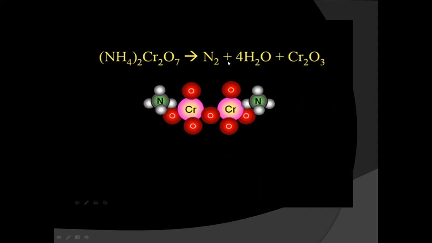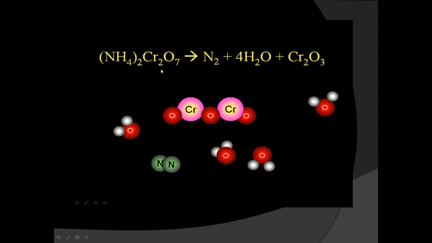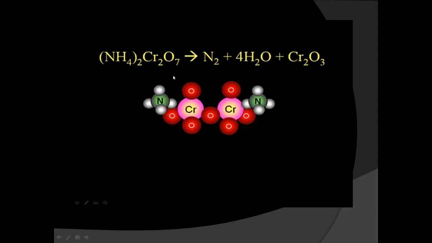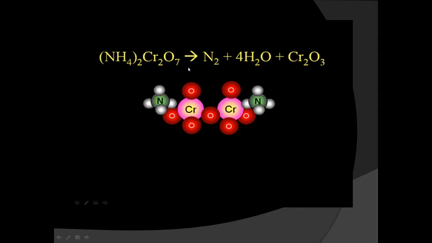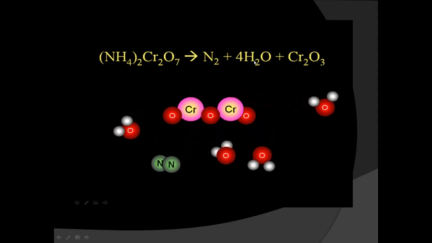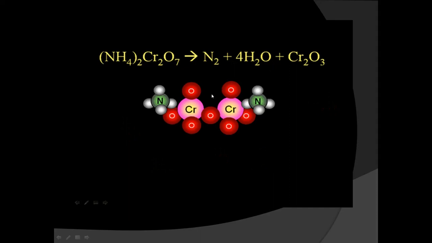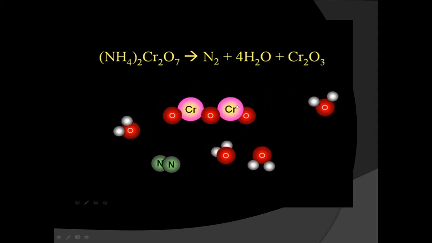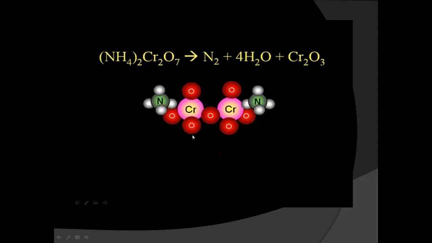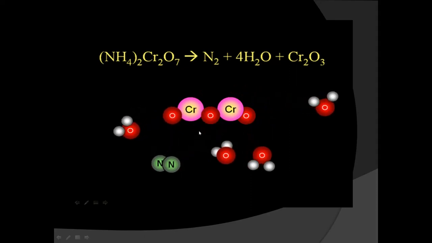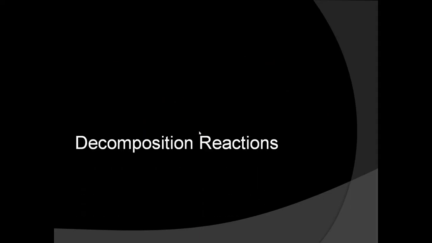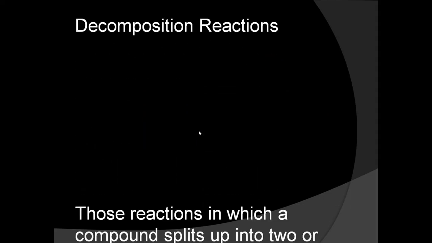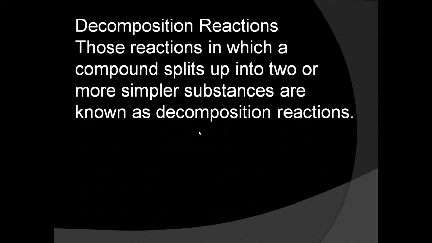So here we are getting 3 products from a single reactant. So such a type of reaction where a single reactant gives rise to 2 or more products is termed as decomposition reaction. Observe in this video how the decomposition is taking place. Let us move on to the next example.